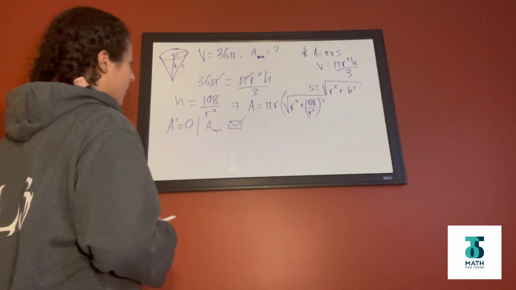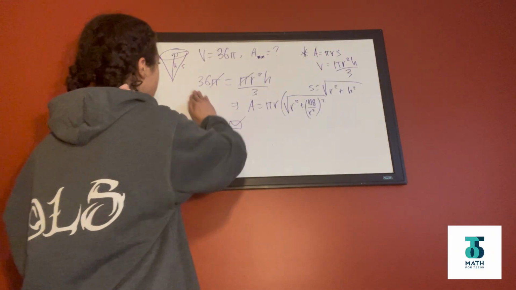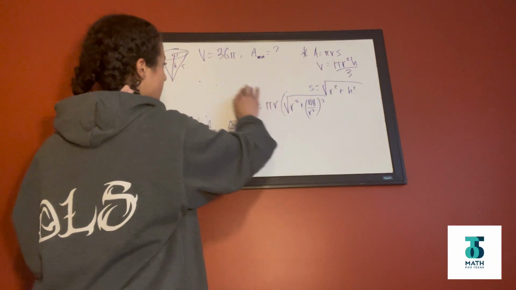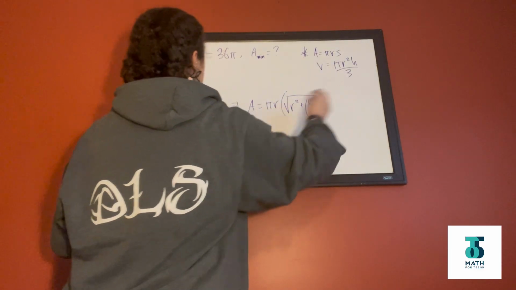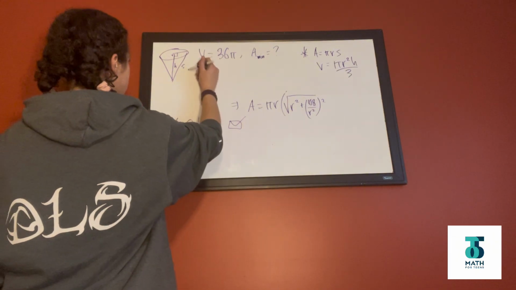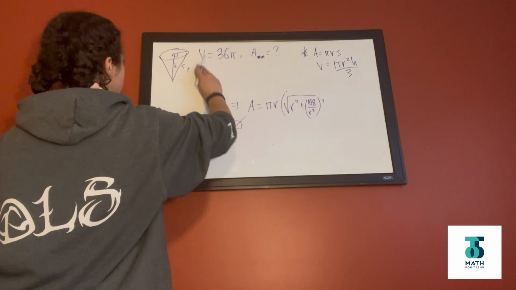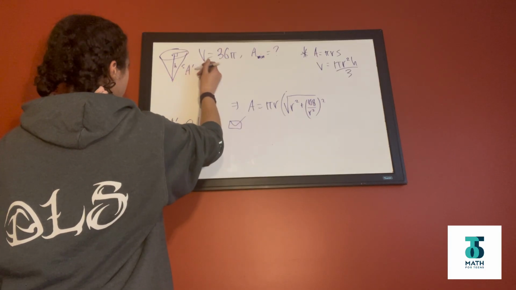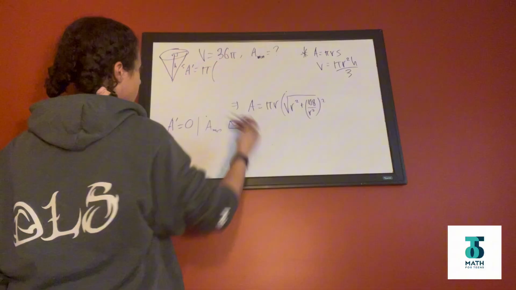I'm going to erase some stuff because I anticipate this will take a bit of space. Okay, so this is my A. I'm going to take out pi completely. So A prime is equal to, we're going to take out the coefficient pi, and it's just a product rule.